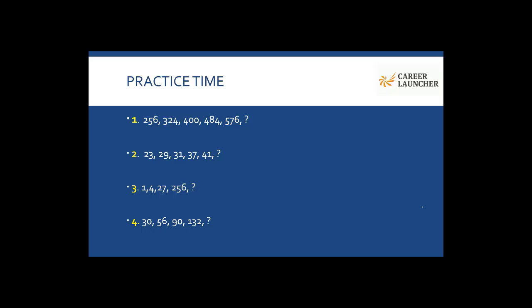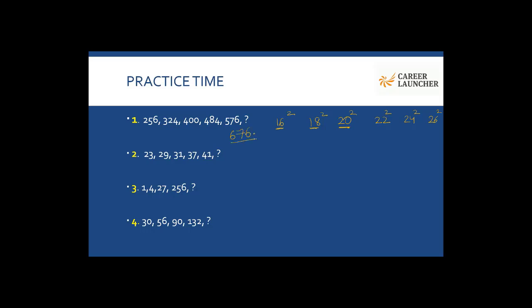If I remember squares, I can easily see this is a series containing perfect squares, because 256 is 16 square, 324 is 18 square, 400 is 20 square, 484 is 22 square, 576 is 24 square, and we can see we are giving a gap of 2 in each number, and then we are calculating the square of it. So the next number in the series should be 26 square, and that should be 676. So this is a series based on perfect squares.